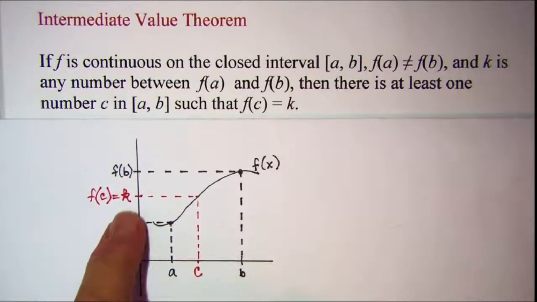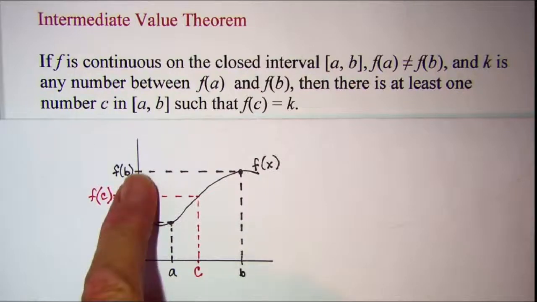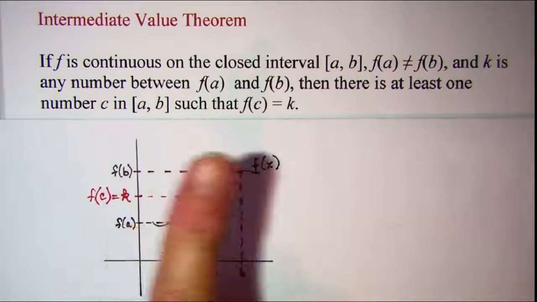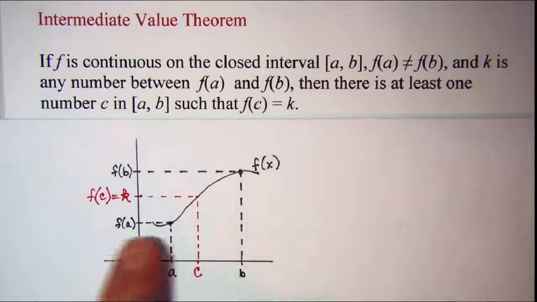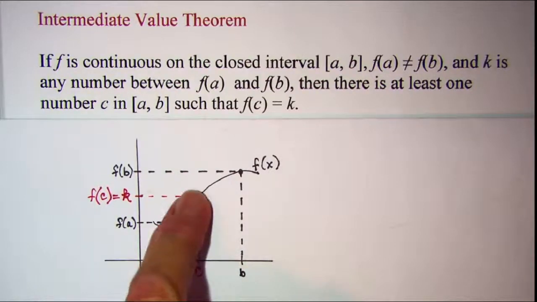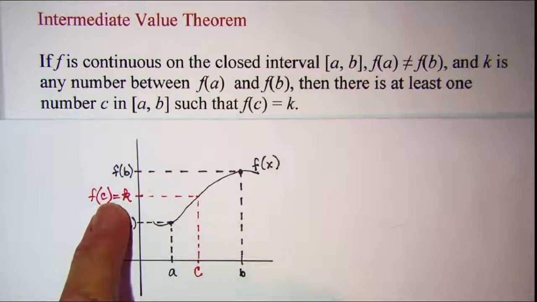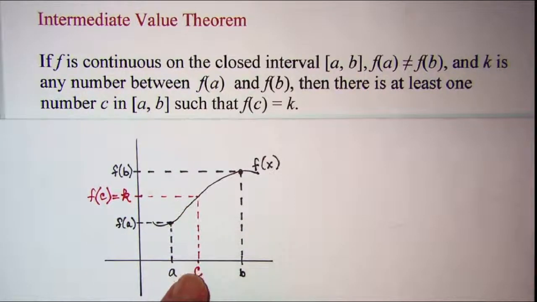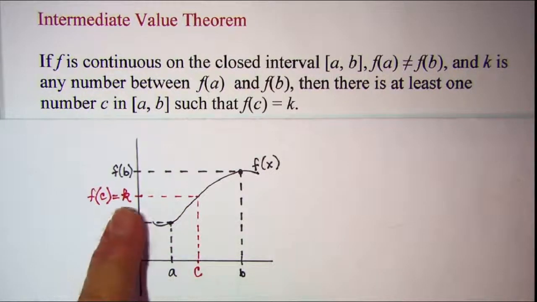And we also are told that k is somewhere between f of a and f of b. Then this is an existence theorem that says there must be at least one value c in between a and b such that f of c is equal to k, or the y value that corresponds to the x value c is going to equal k.